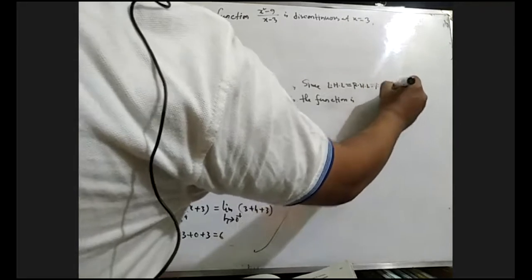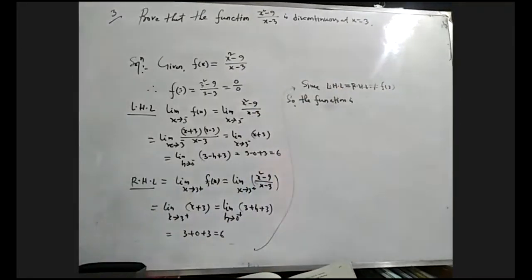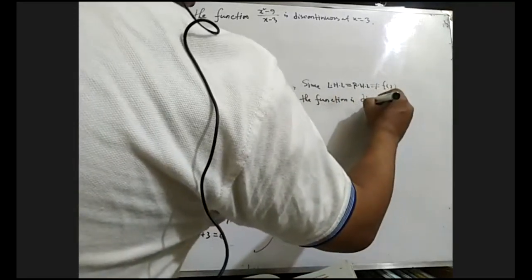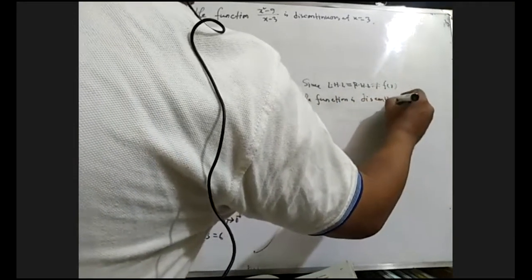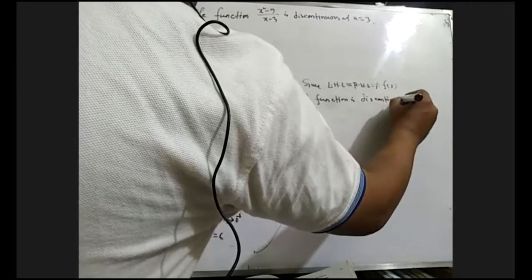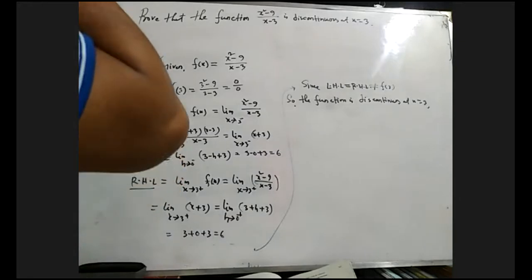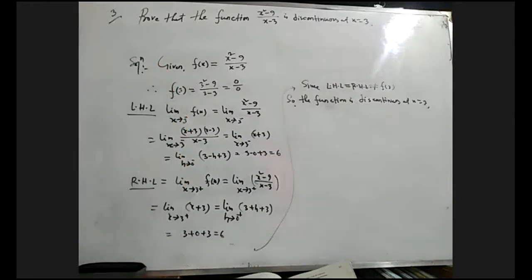F of 3, because f of 3 is undefined. So the given function is discontinuous at x equals to 3.